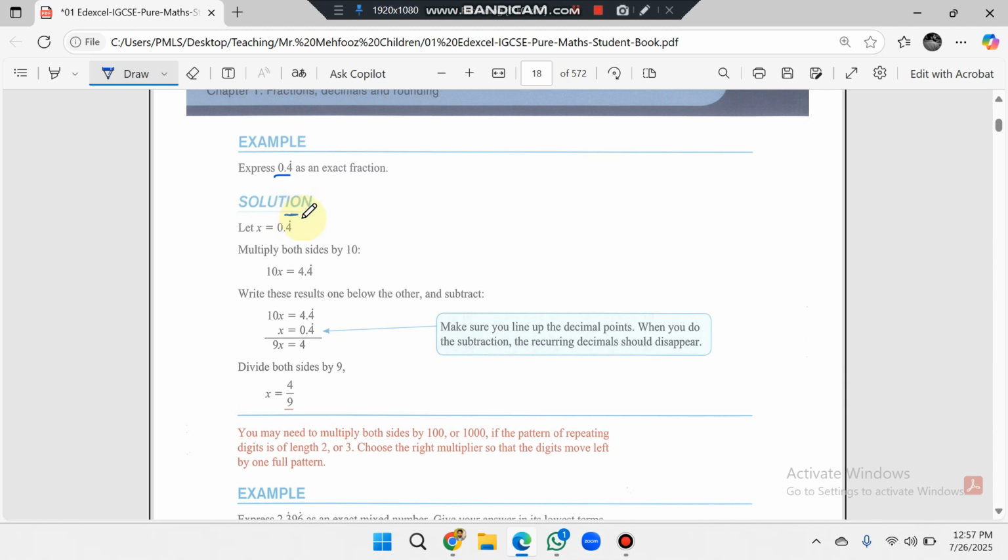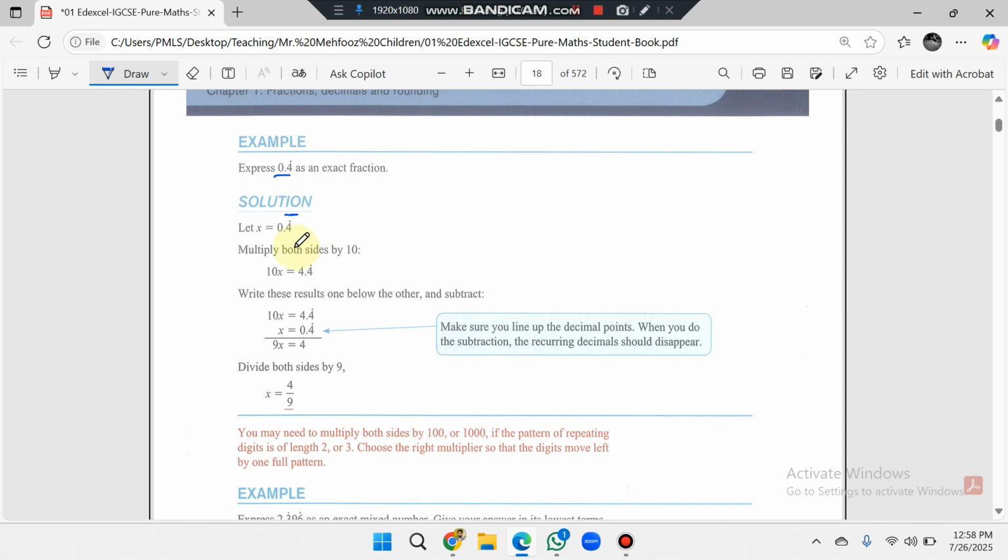If a single digit is repeating, we multiply both sides by 10. If two digits are repeating, we multiply both sides by 100. If three digits are repeating, we multiply both sides by 1000 and so on, right?